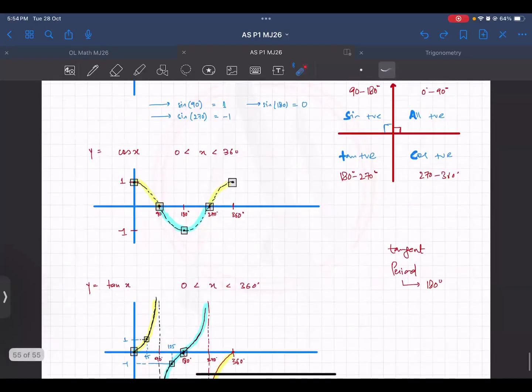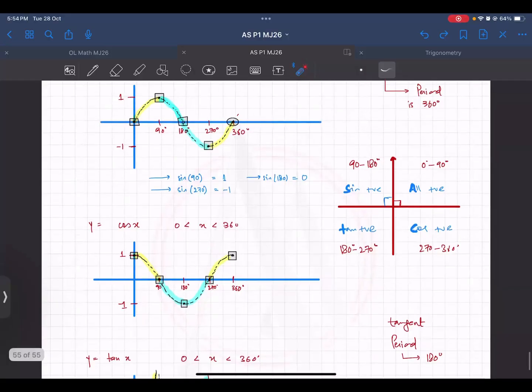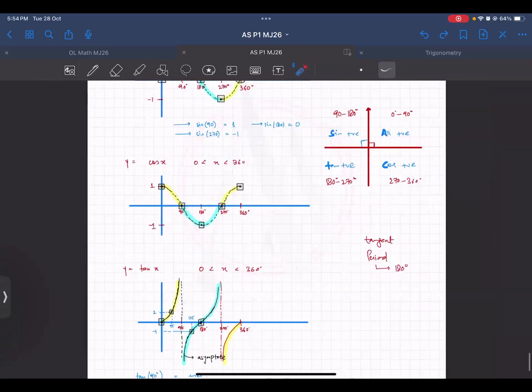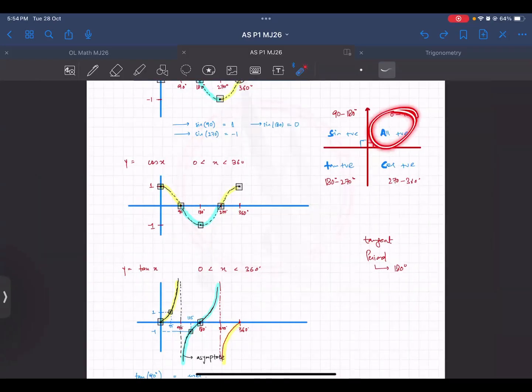If we have any value of x between 0 and 90, your y value always comes out positive. Do you get it? That's why all of the trigonometric ratios are positive in the first quadrant.